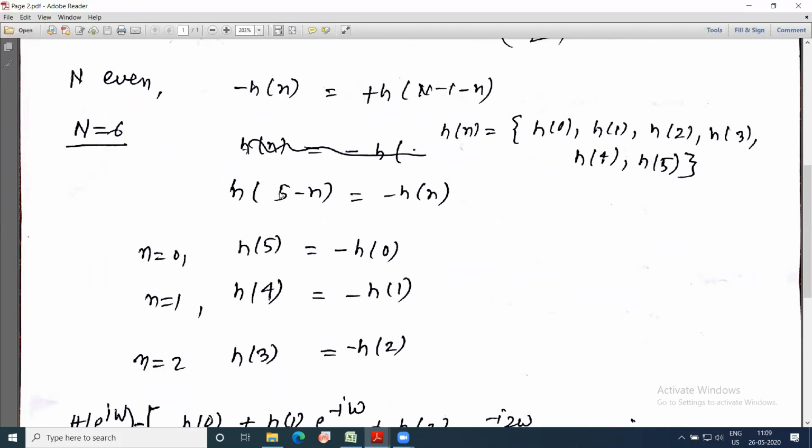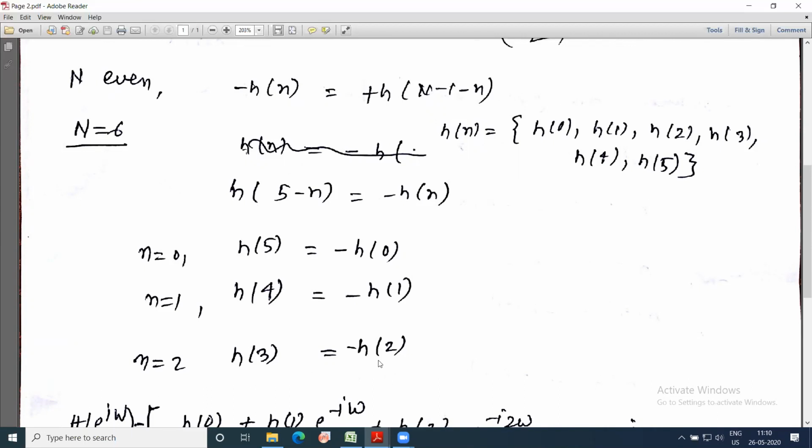If I put n equal to 6, it will be 6 minus 1, which is 5, h of 5 minus n equal to minus of h of n. Now if I put n equal to 0, h5 equals minus h0. Then n equal to 1, h4 equals minus h1, and n equal to 2, h3 equals minus h2.